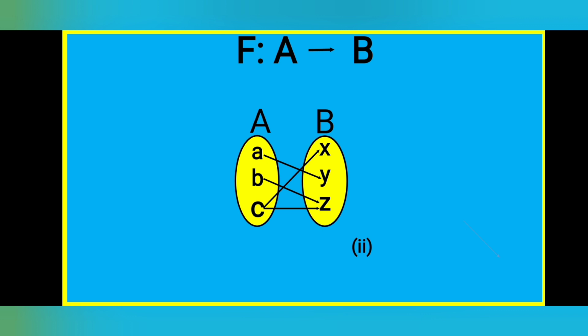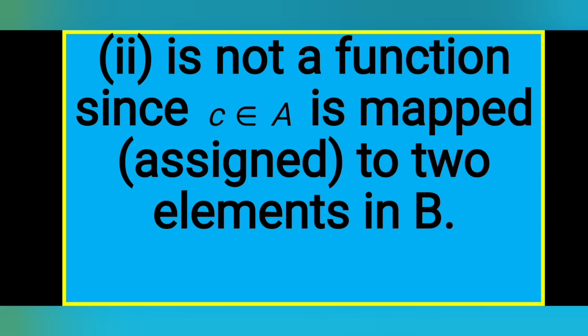Now let's look at the second diagram, II. Here you can see two sets A and B. Set A is mapped to set B, and the elements in set A are a, b, c, while the elements in set B are x, y, z. What can we say about this diagram? Does it define a function or not? This second diagram does not define a function.